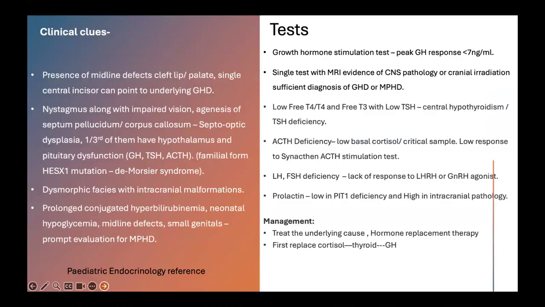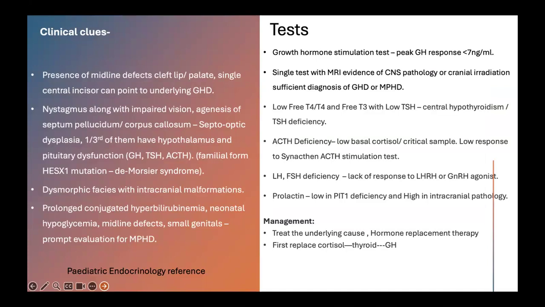A thorough clinical examination of these cases is very important as it can give us a clue to hypopituitarism and even certain specific syndromes as well. For example, presence of midline defects such as cleft lip, cleft palate, or a single central incisor often prompts to underlying growth hormone deficiency.